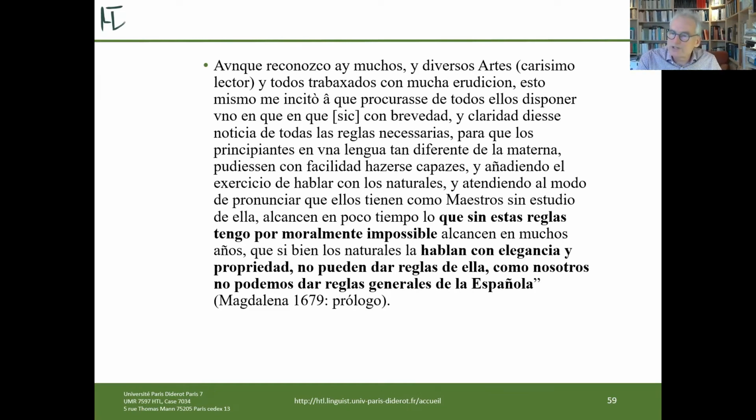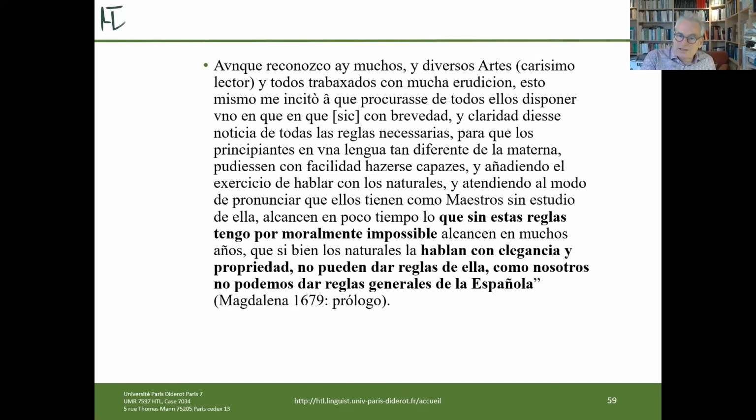There were universities in Mexico, in the Andes, but usually there were teachers available, and there are many places where there are no teachers at all. So you must study this language, in most cases, as a solitary occupation, and you must do it yourself. And actually, sin estas reglas, it was tengo por moralmente imposible.